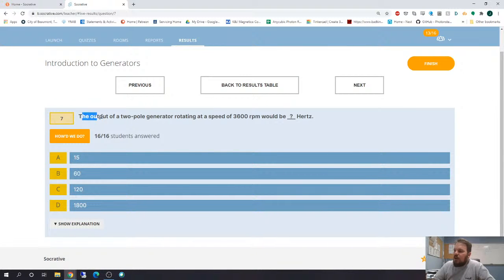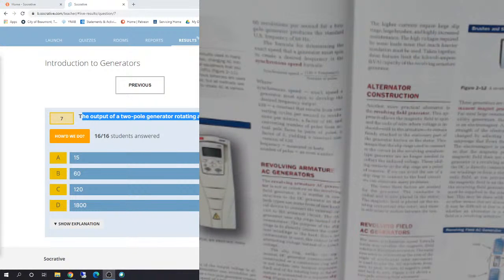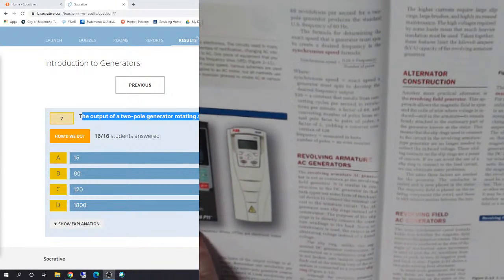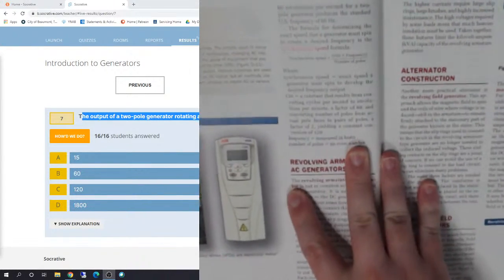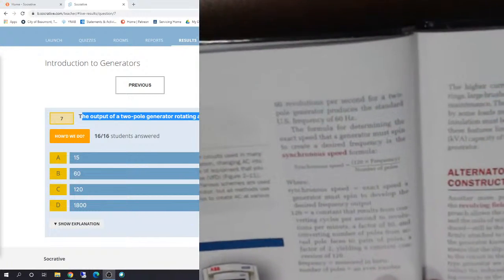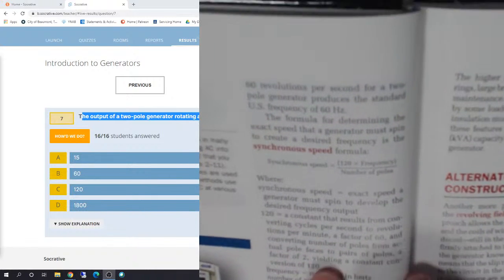Okay. The output of a 2-pole generator rotating at a speed of 3,600 RPMs would be blank hertz. All right, so on page 34, if you look, there is a formula right here.